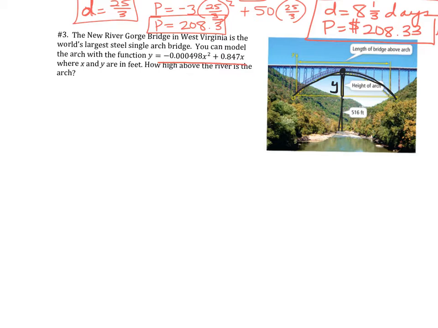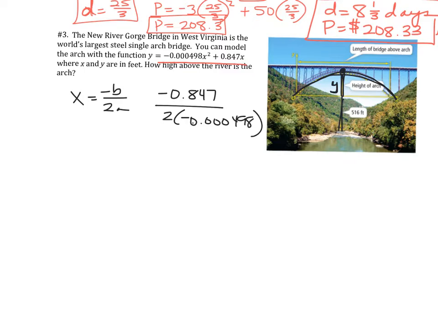So we're gonna do x equals negative b over 2a. These are not pretty numbers, right? So a negative b is gonna be a negative 0.847 over 2 times a negative 0.000498. Okay.